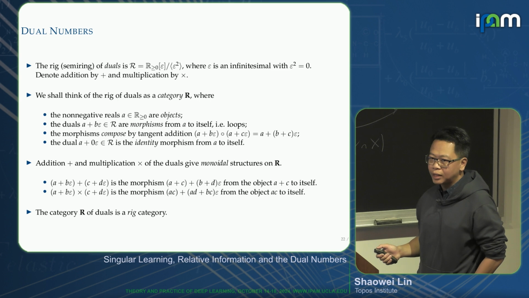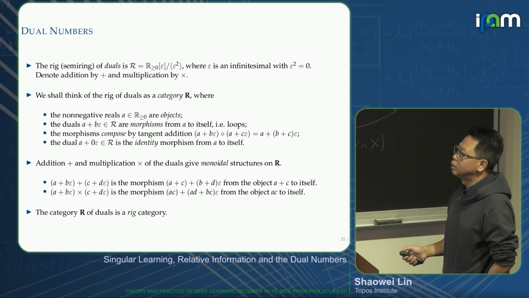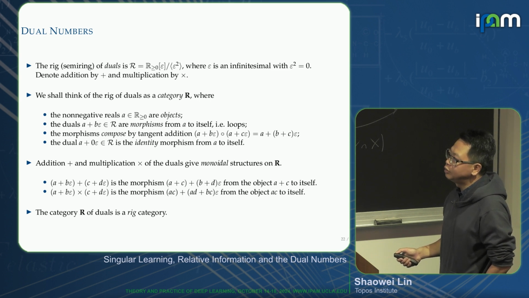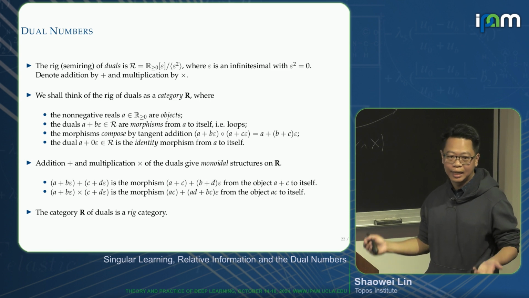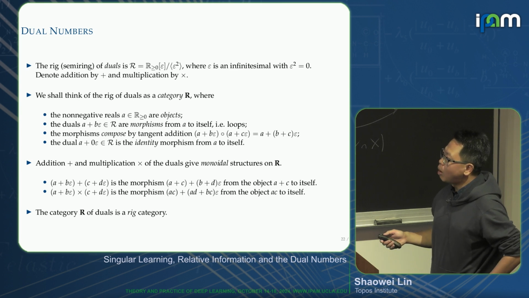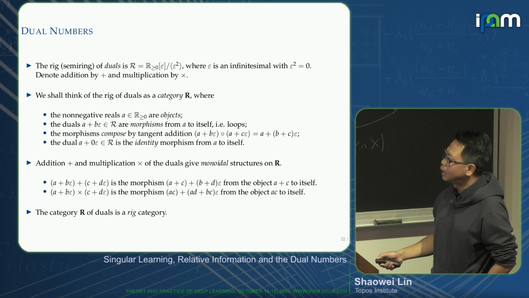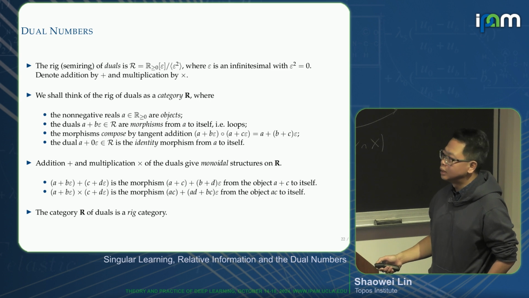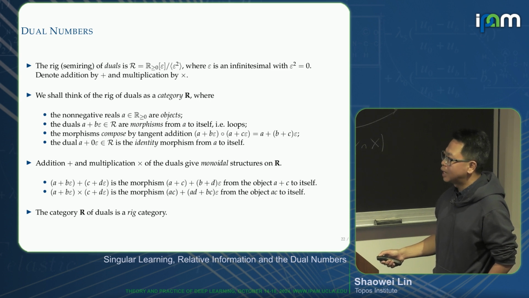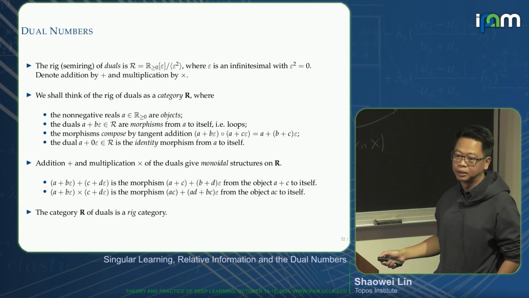If you don't like this algebraic geometric description of the dual reals, another way to think about it is that you take the non-negative reals and append a new variable epsilon that you can think of as an infinitesimal, such that epsilon squared becomes 0. All the elements look like a plus b epsilon, and you can add them element-wise, a plus a prime and b plus b prime, and multiply by expanding out the sum and then taking all the epsilon squares to 0.